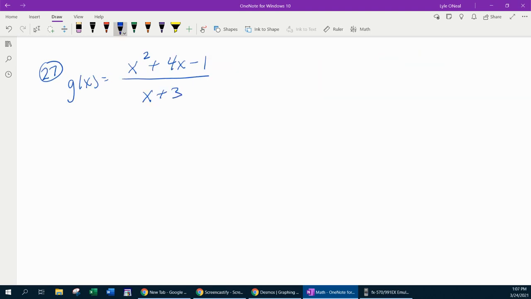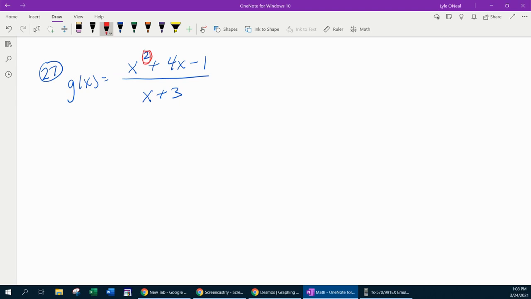Next example, number 27. In this problem, the instructions say, determine the oblique asymptote of the graph of the function. If they ask you for an oblique asymptote or a slant asymptote, that means the same thing. For there to be an oblique asymptote, the degree of the numerator has to exceed the degree of the denominator by exactly 1.